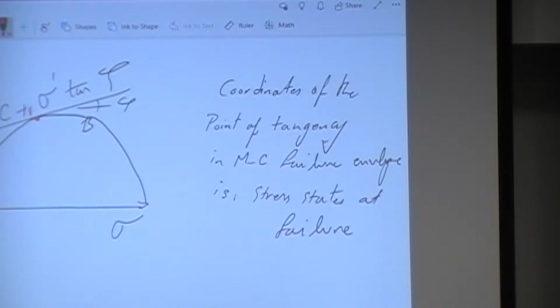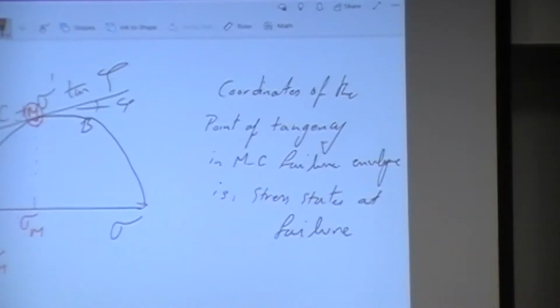This is the point of tangency. I'll put the N here. Stress states at the point of tangency represent the stress states at failure, right?